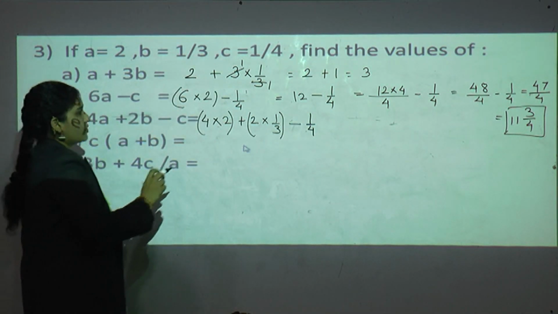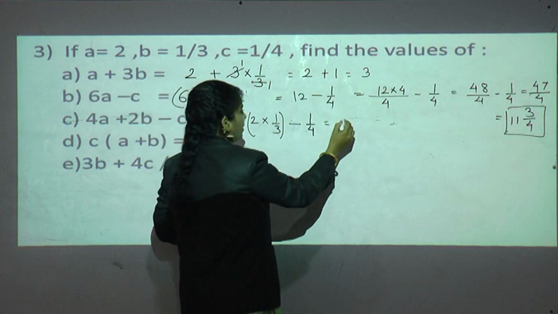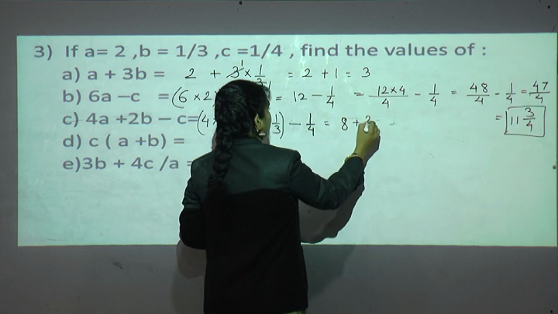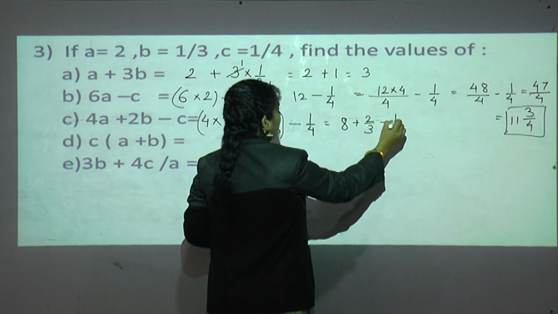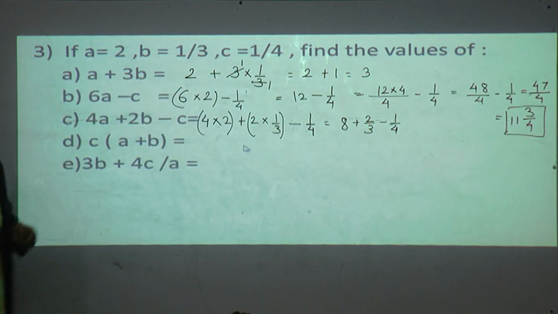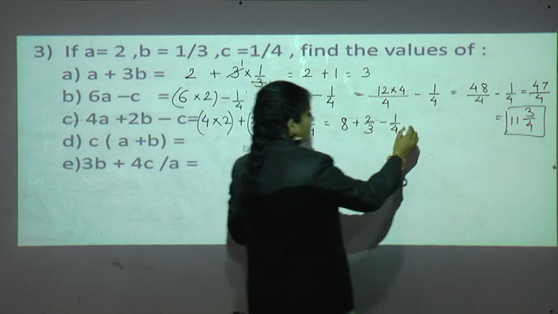Now do the calculation, students. 4 into 2, 8. Here plus 2 upon 3 and minus 1 upon 4. Okay, students, just take the LCM of 3 and 4 and make a proper denominator, so your answer will be like this. Okay.